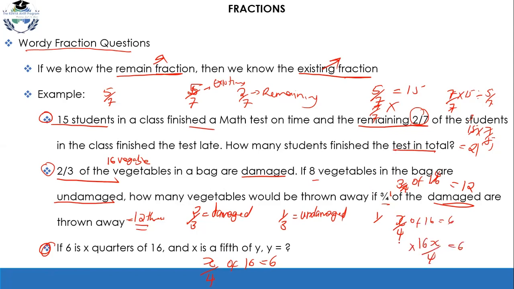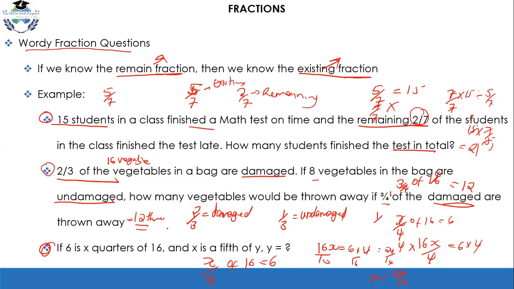Multiplied by 4 here, this gives you 16x is equal to 6 times 4, divided by 16. 6 times 4 here is 24/16. So x is equal to 24 over 16.